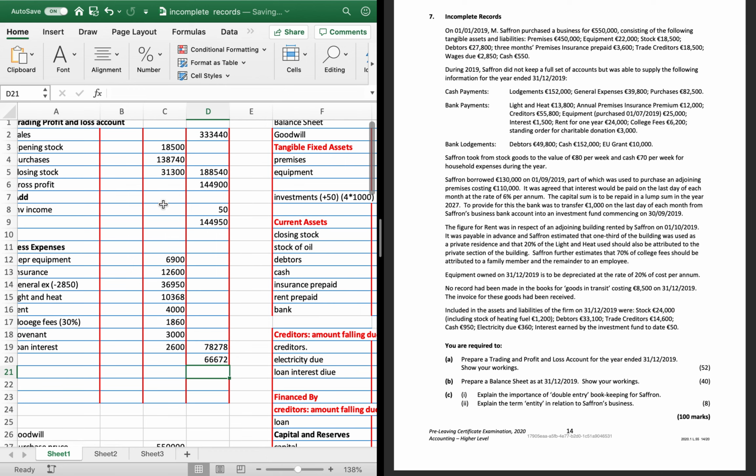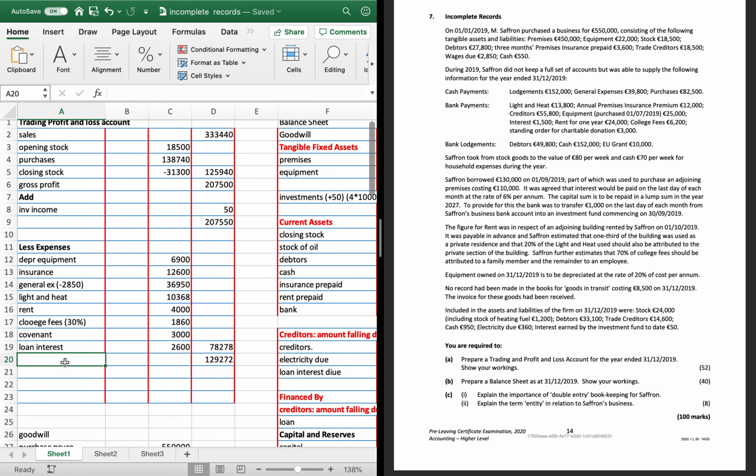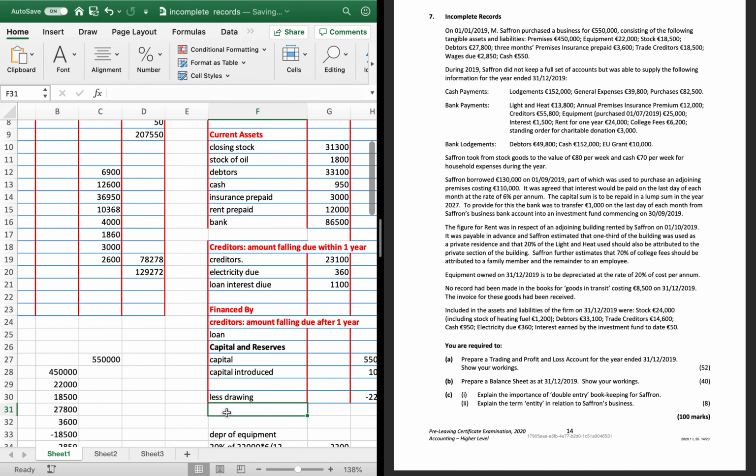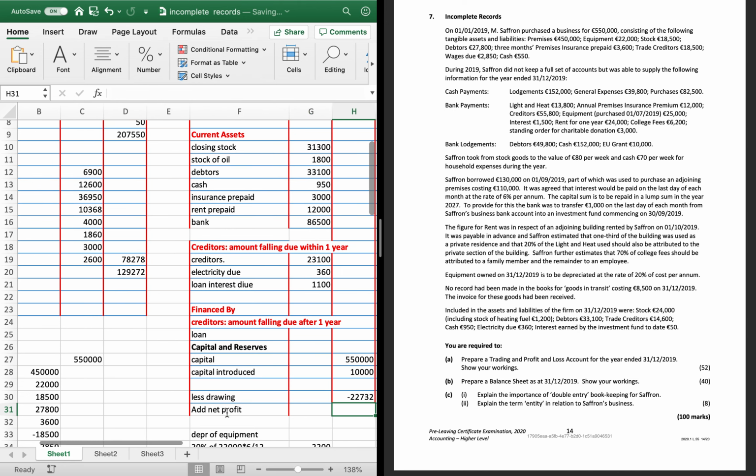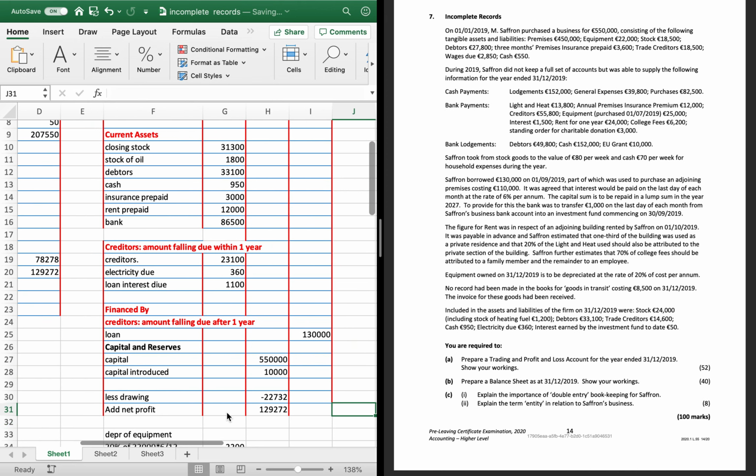So I've definitely done that wrong. That's a minus. So that's 129,272 as our reserves, or our net profit, or whatever you want to call it, and that's going to come over into our balance sheet over here. So 129,270.